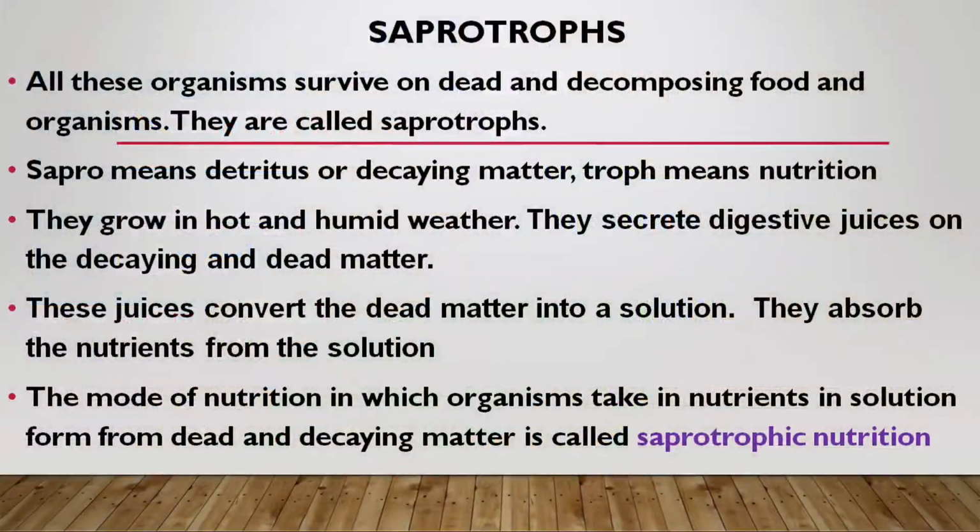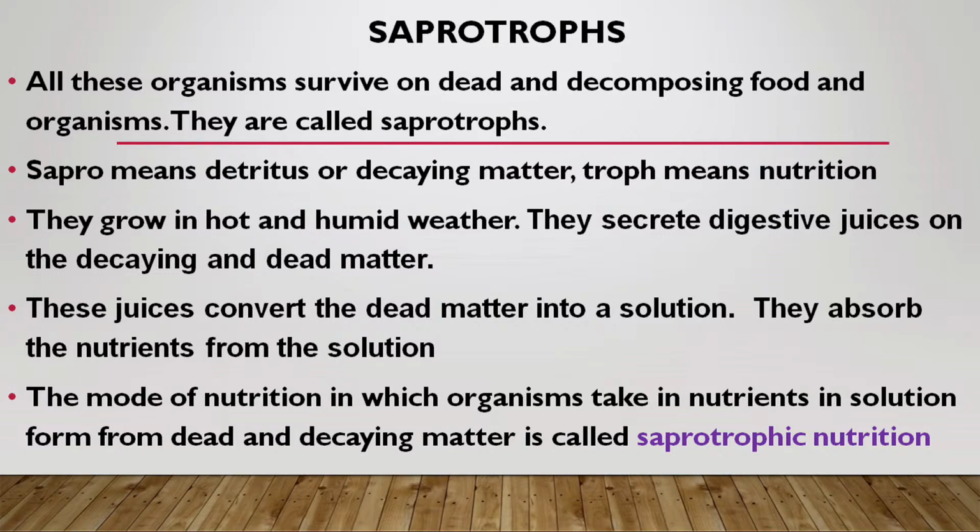Now what exactly happens with this? Let us see important points here. In all these cases, one commonality is they all depend on dead and decaying matter. Second, they have certain digestive juices which convert the dead material into solution. I told you they can't take any solid material, so they can only absorb nutrients from the solution.